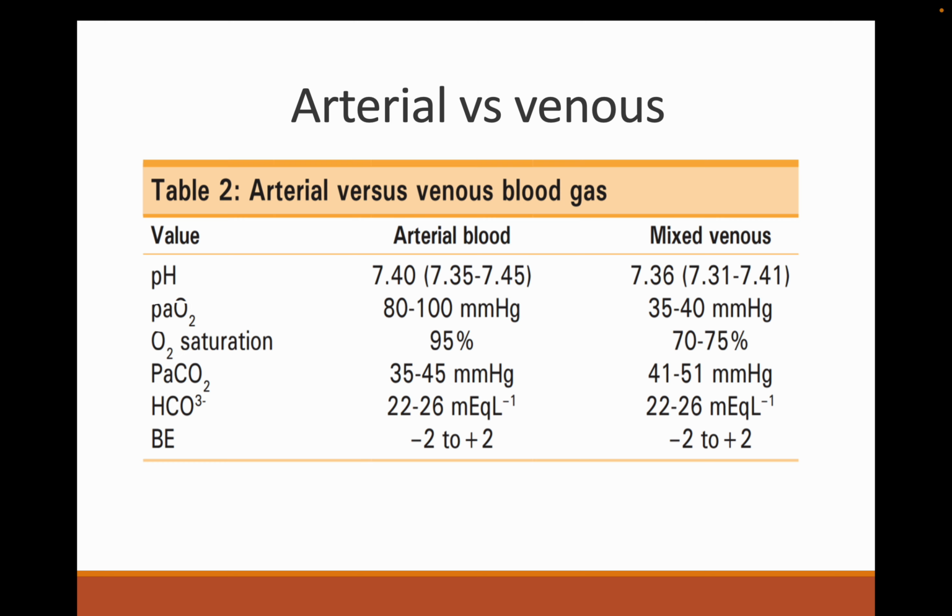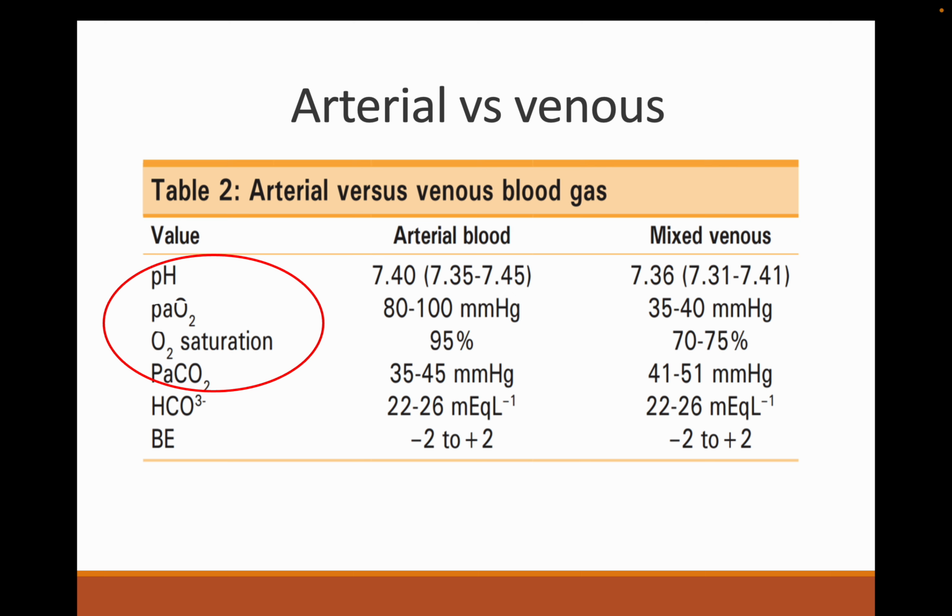PaCO2 also changes: in arterial it is 35 to 45 with a mean of around 40, whereas in venous it is a little on the higher side, 41 to 51, with a mean of around 46. So this is how you differentiate arterial versus venous: the pH is a little acidotic, with 7.36 as the mean, the PaO2 is generally on the lower side at 35 to 40 millimeters of mercury, and the PaCO2 is a little higher, with a mean of 46.